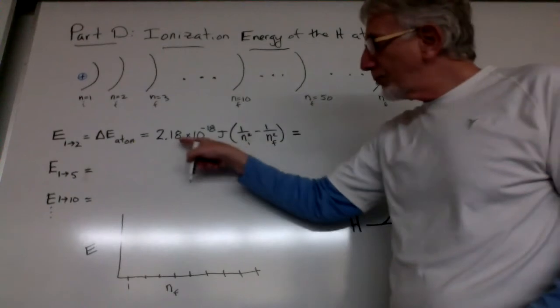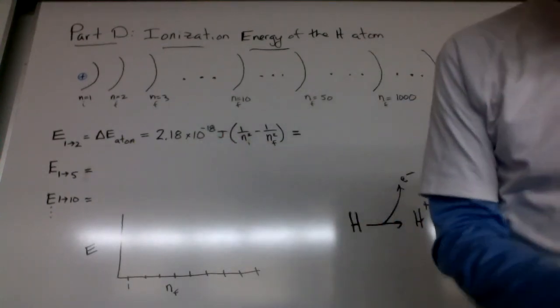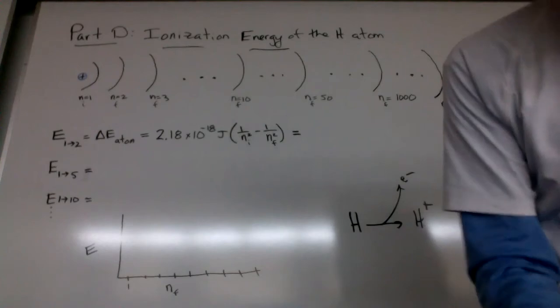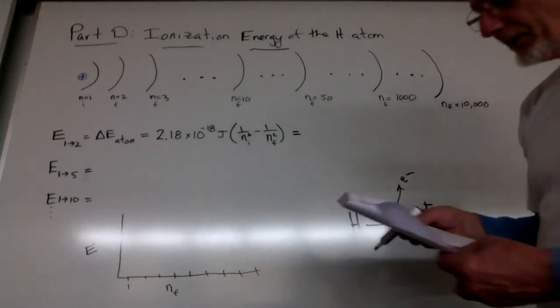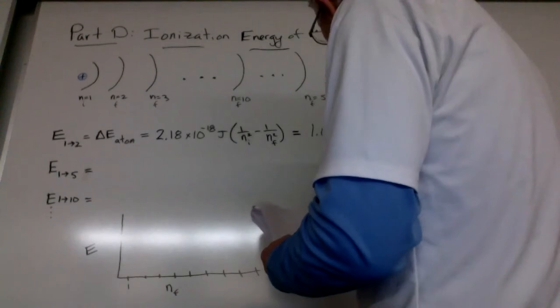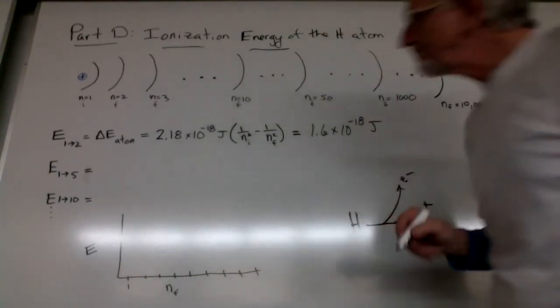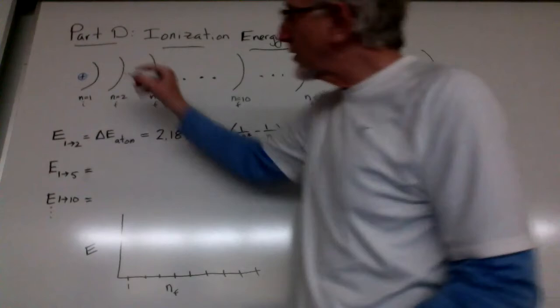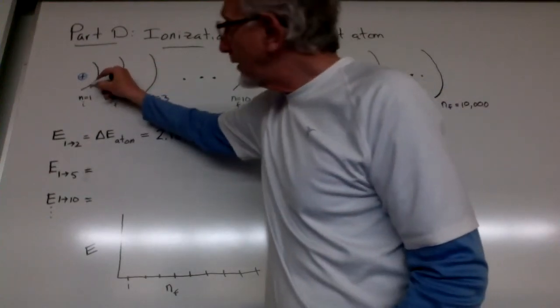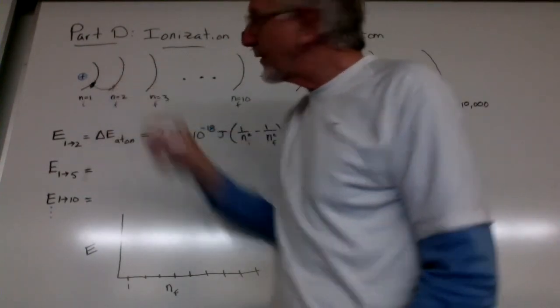And if you do that calculation, you're going to get 1.6 times 10 to the negative 18 joules. Okay? So that's how much energy is going to be required to do this. Take the electron right there where it's happiest and then pull it out to there.